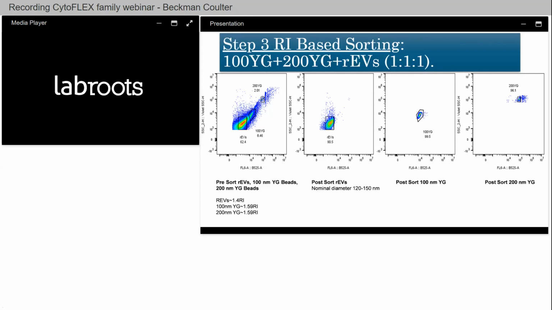And so what we did before that is go back to, okay, well, we can do just beads. We can do the fluorescence based on the recombinant EVs. But what if we just start mixing a bunch of things that have different fluorescence intensities and different sizes and different refractive indices? And can we just separate those? Again, keeping it simple and, as I like to say, we set the bar a little bit low so our chances of success were better, as we just don't want to have an absolute failure.